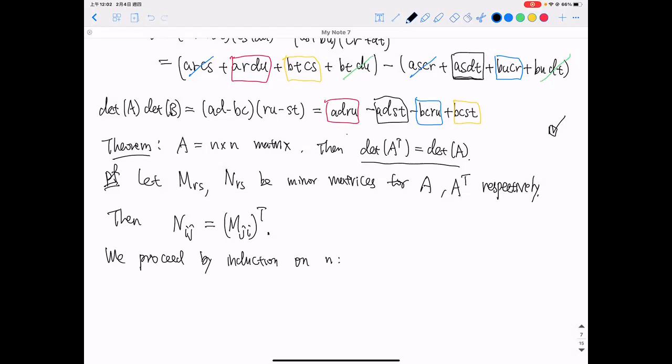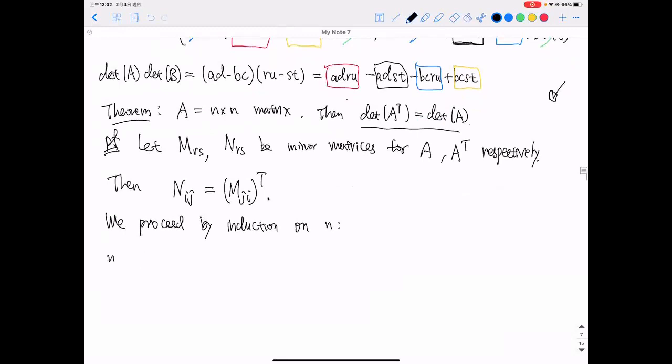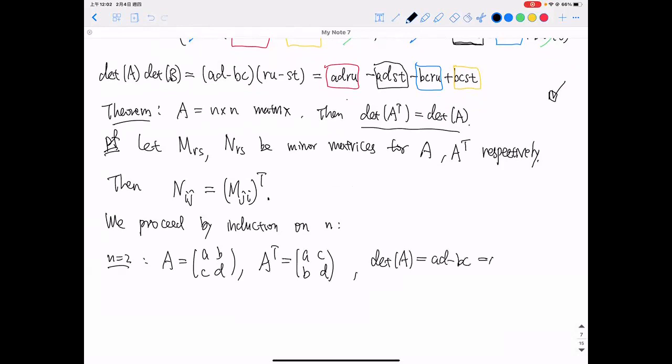So when n is 2 being the first case, A is just A, B, C, D. A transpose is A, C, B, D. They obviously have the same determinant, both equal to AD minus BC.